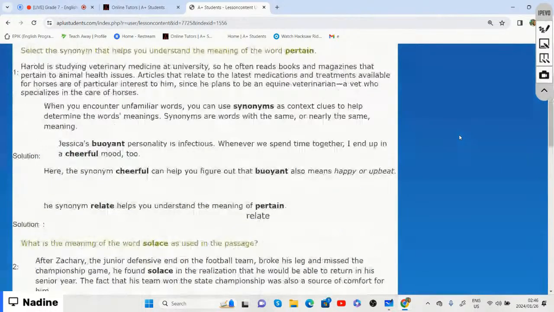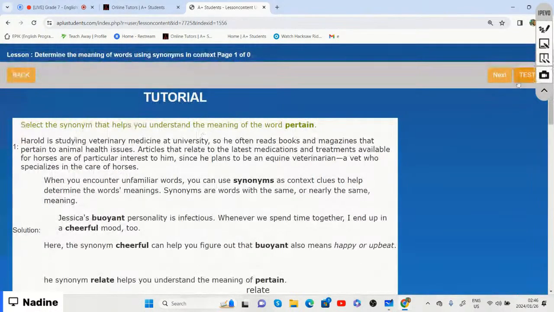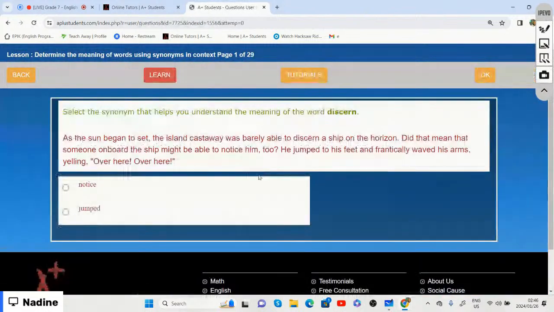All right. Now let's go to the test. So it says that we need to select the synonym, which has the meaning almost the same or similar.